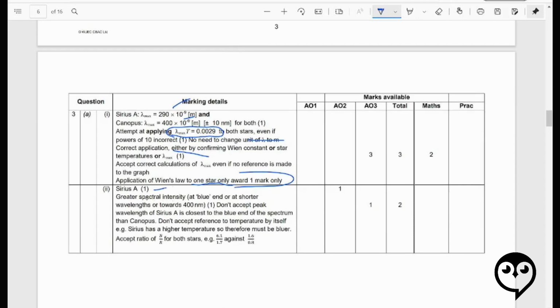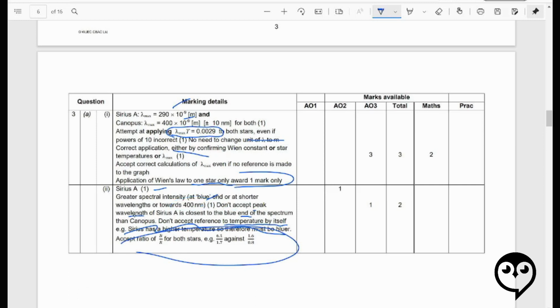Sirius A, greater spectral intensity at the blue end, close to the 400. Don't accept peak wavelength is closest to blue end of spectrum than Canopus. That's interesting. Don't accept reference to temperature by itself, because we know higher is bluer. We can't say that. Accept a ratio for both stars, but this is interesting.